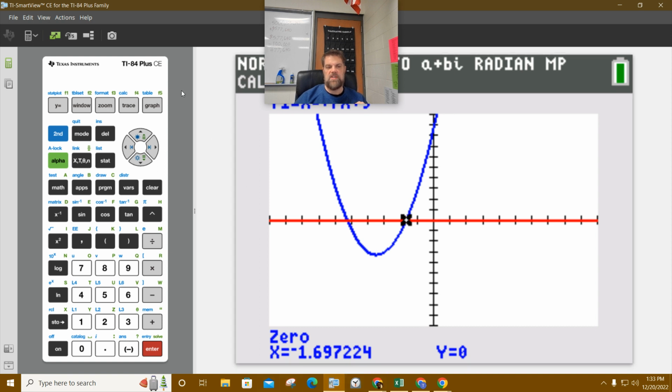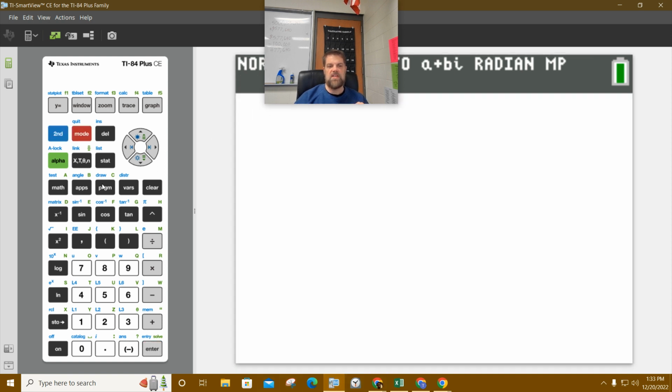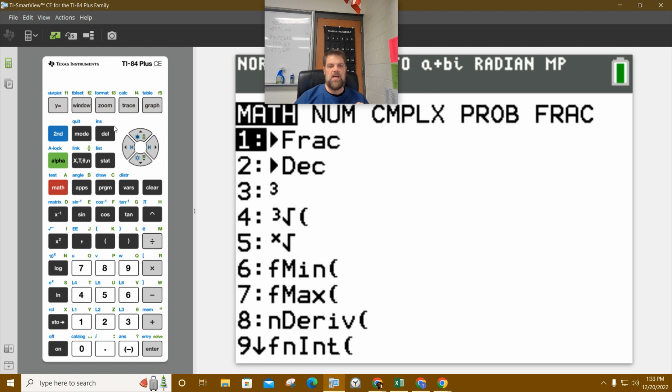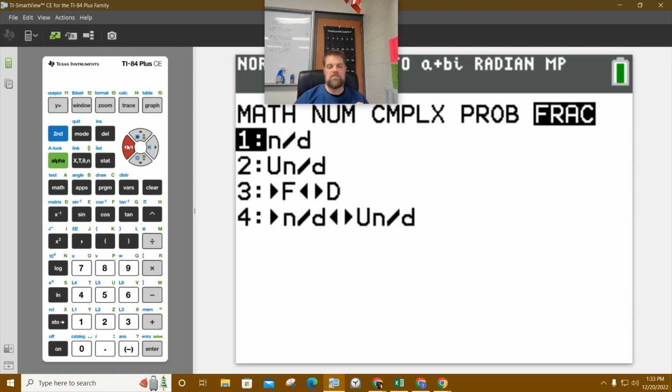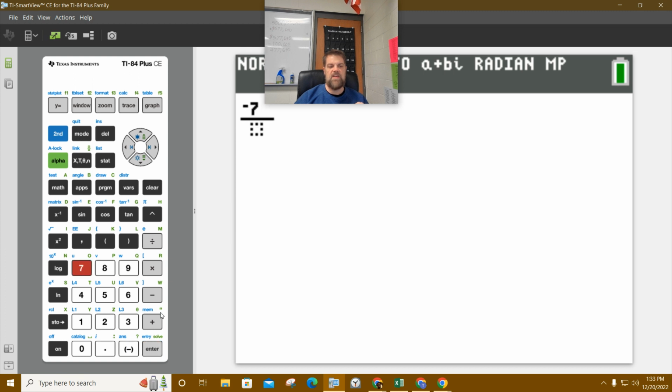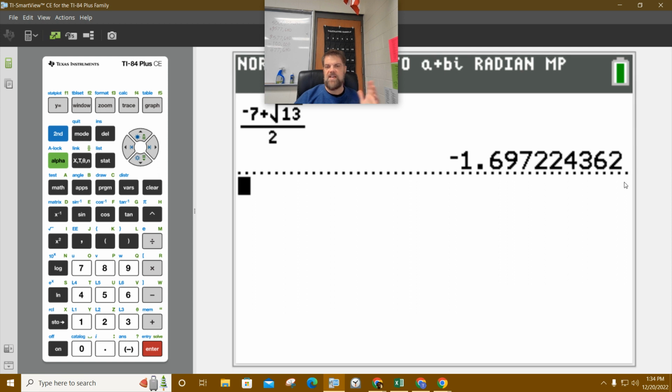So it's -1.69. If I were to plug this into a calculator as a fraction, I would say -7 plus the square root of 13 all over 2, and that's that number.